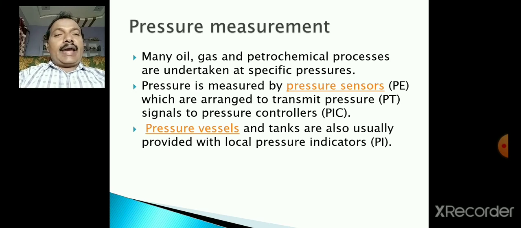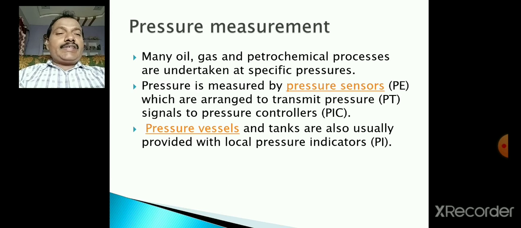Many oil, gas and petrochemical processes are undertaken at specific pressures. So pressure is measured by pressure sensors, the pressure equipment, which are arranged to transmit pressure transmitter signals to pressure controllers, that is PICs, pressure indicating and controlling equipment.